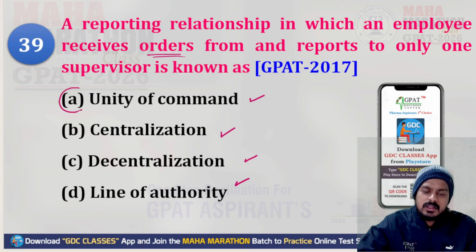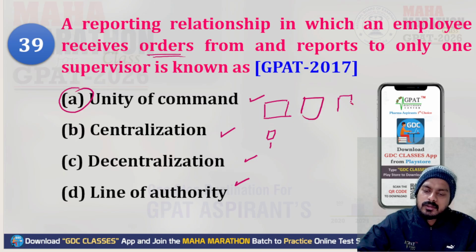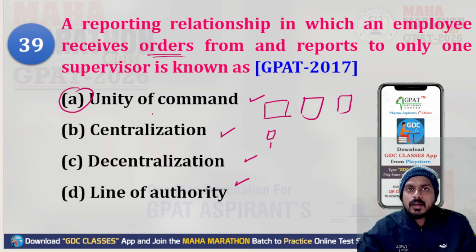Suppose you are an employee and you have only a single manager. You have to report to this single manager whenever work comes. Suppose there are 10 managers, but you are working under X team.